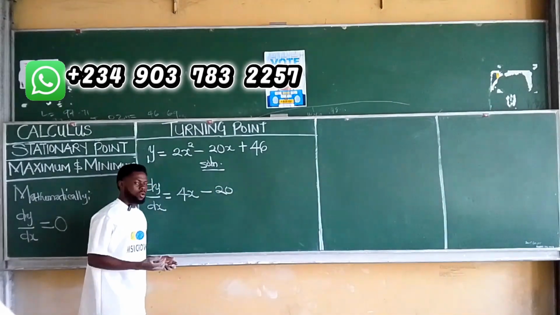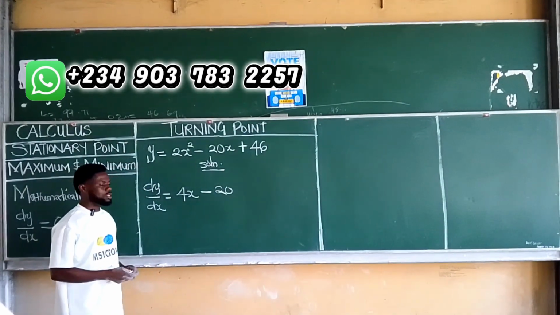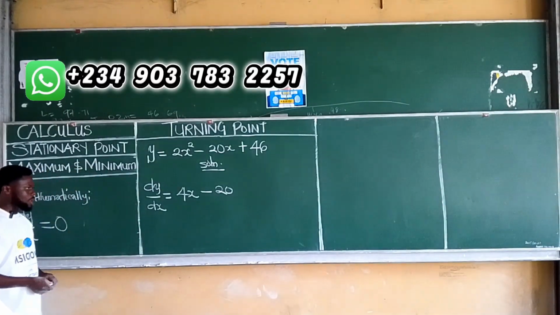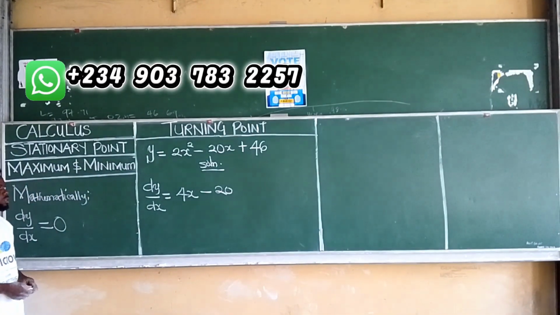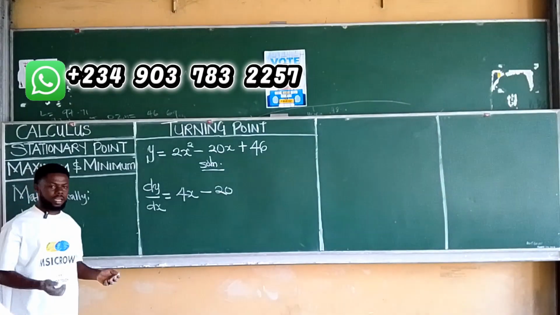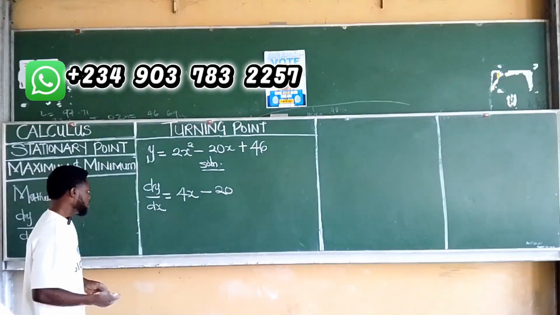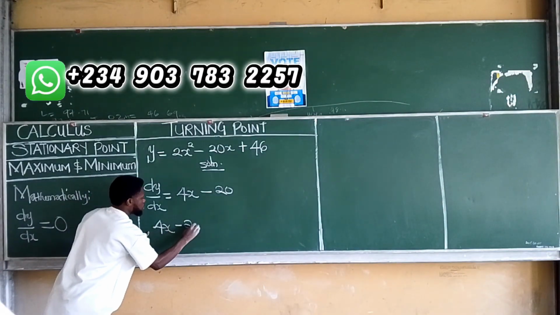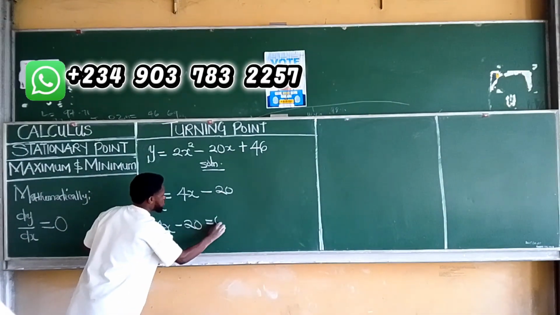Then if you differentiate the constant term, you obtain 0. That is the first approach. So dy over dx gives 4x minus 20. The concept of stationary point is that dy over dx must equal to 0, or the gradient must be equal to 0. That means 4x minus 20 is equal to 0.